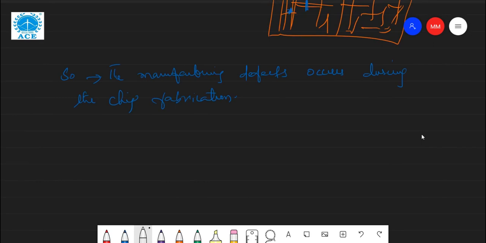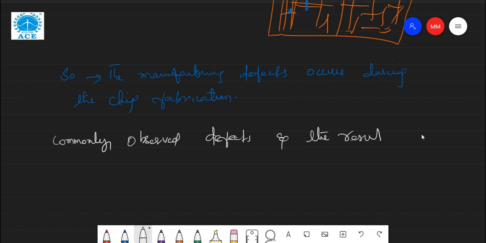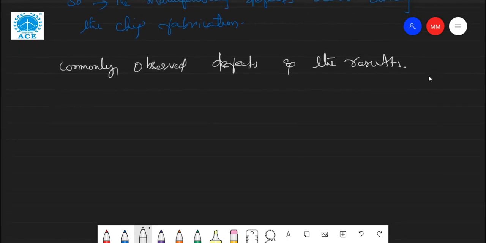Let us see commonly observed defects and the results. What will happen actually in the fabrication? Consider this as the defects and this as the results.